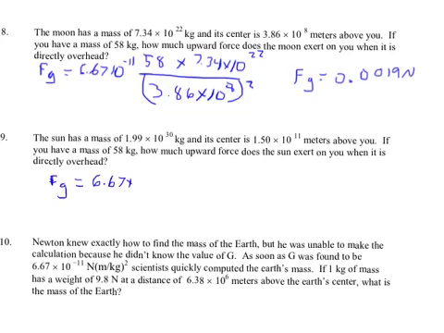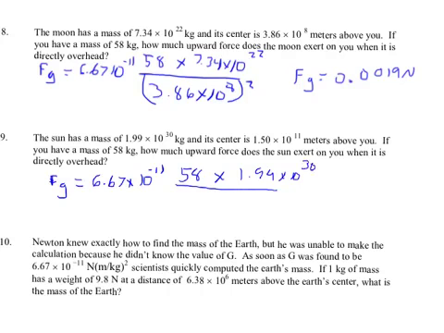G is 6.67 times 10 to the -11th, times M1. M1 is the person's mass, which is 58 kilograms, times M2, which is going to be a little bit on the large side, 1.99 times 10 to the 30th.